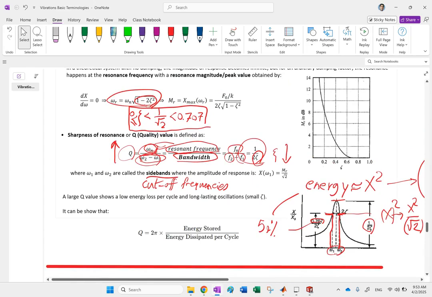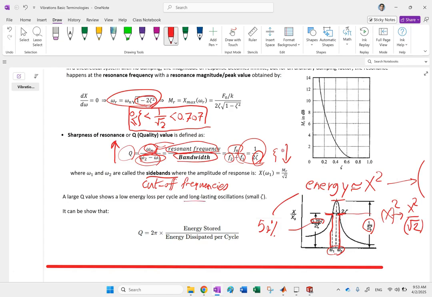And of course, a sharper resonance means faster or larger responses. It means long-lasting oscillations in the system, and at the same time lower energy loss, because when you have smaller damping, of course you have smaller energy loss.